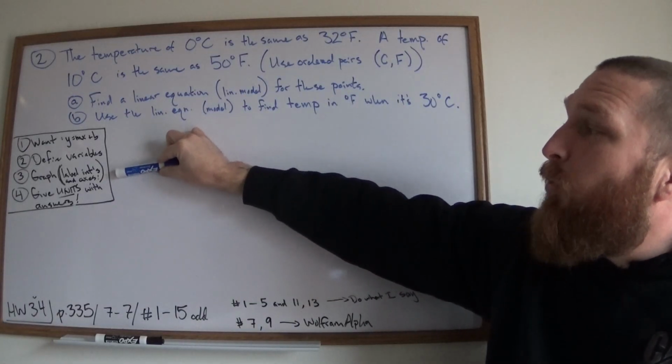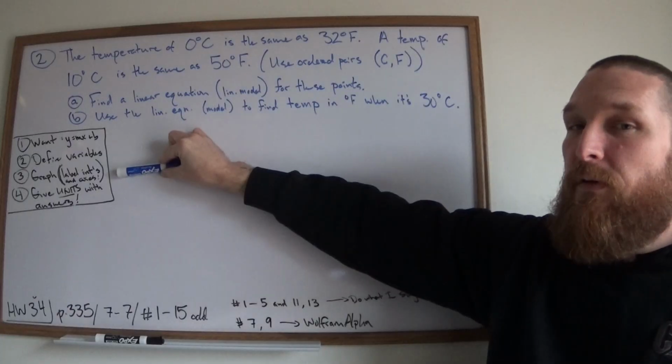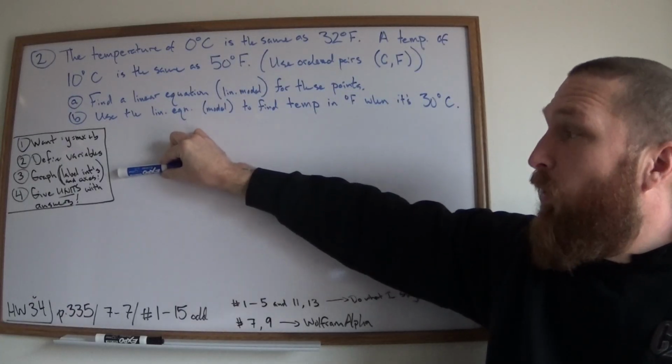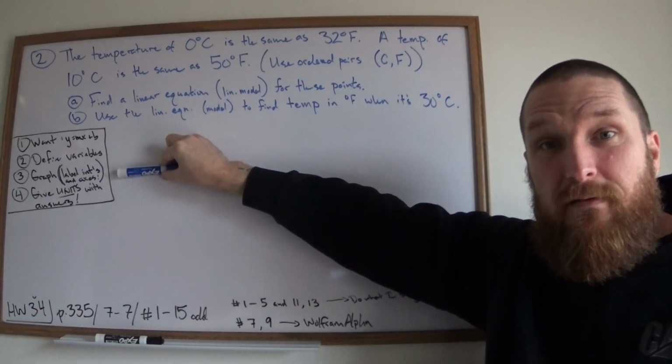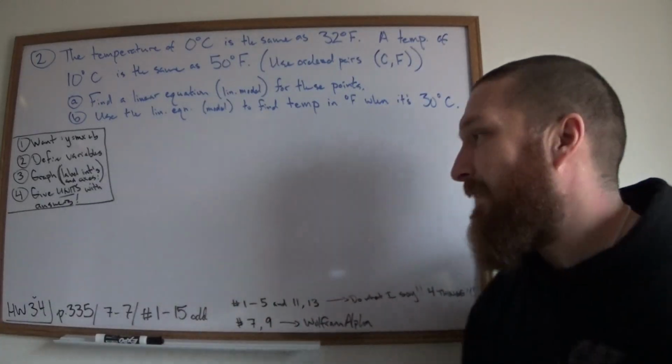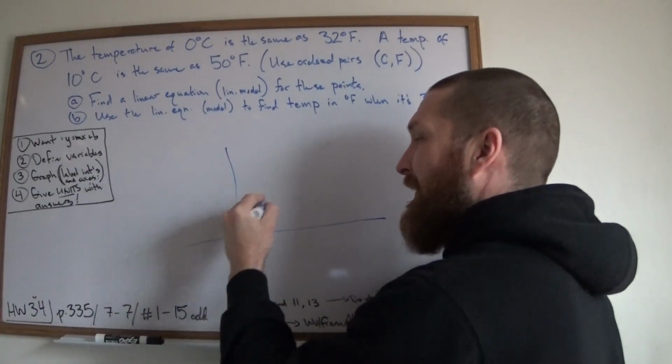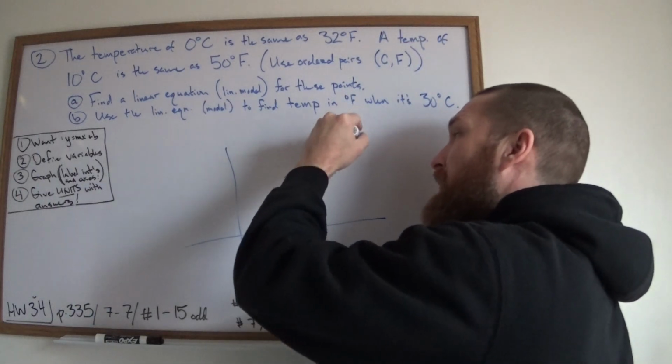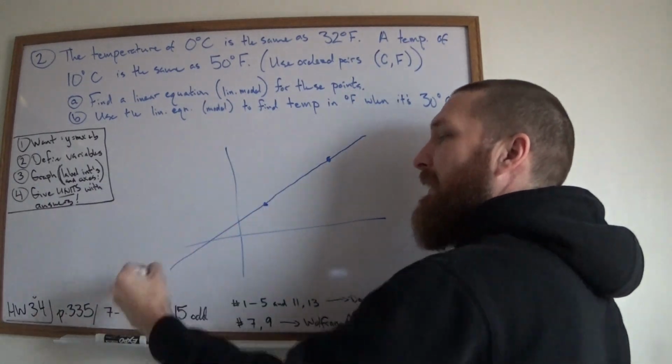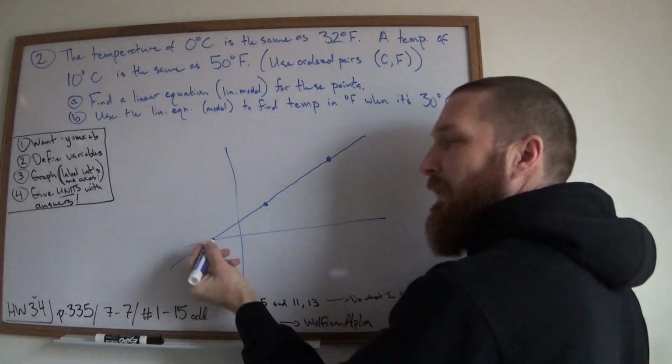3, graph. You will graph every one of these. Your graph will have intercepts, right? Because it's going to be a line. Every single one of these is going to be a linear model, so you will be drawing a line, and guess what? A line will have intercepts.